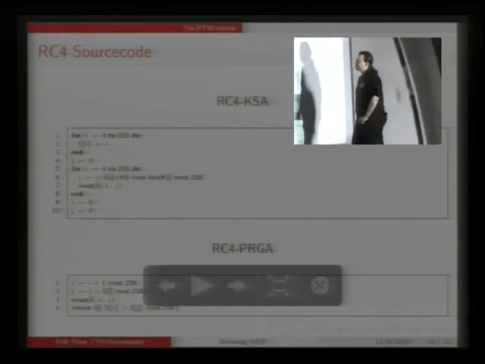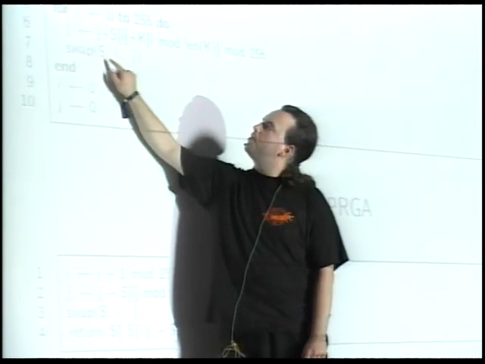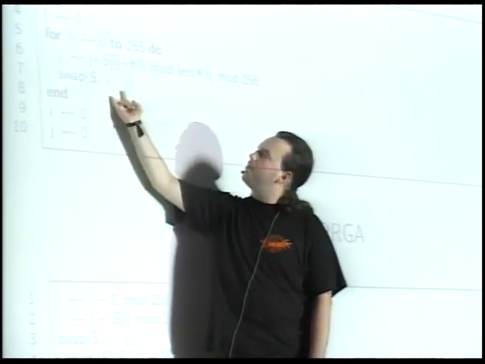So we got this for loop here, and in every iteration of the loop, 2 values in S are swapped.